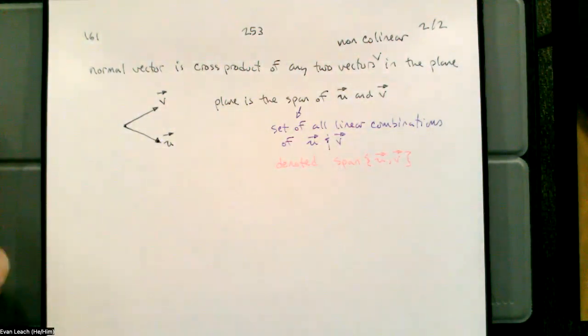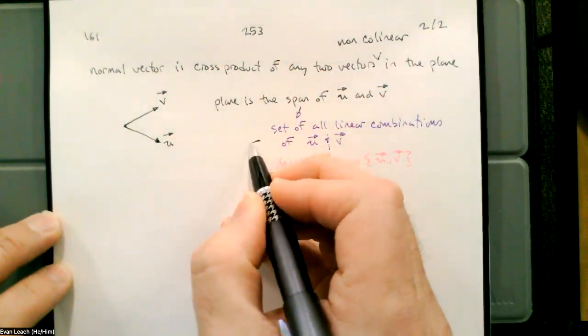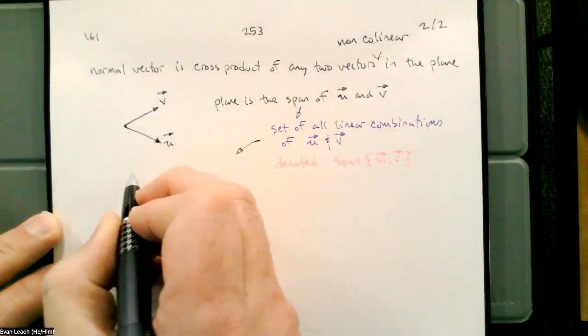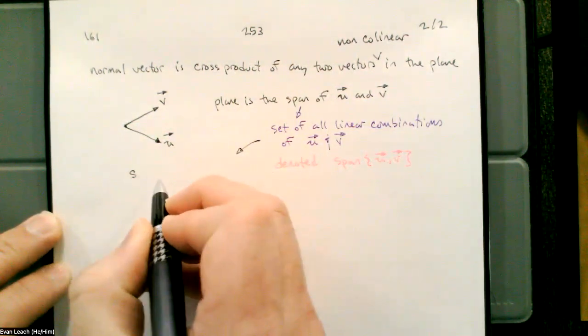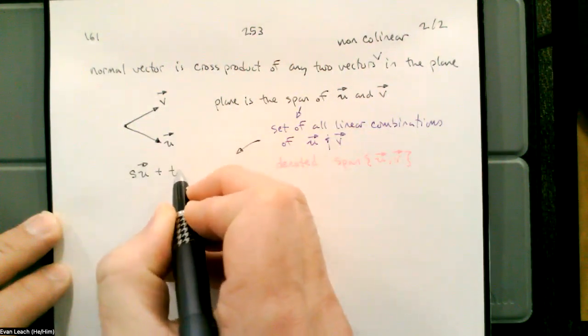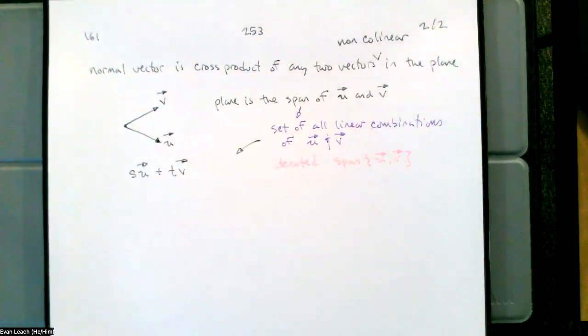So the linear combinations of u and v is a set of everything that looks like, say, some scalar times u plus some other scalar times v. There are the two parameters that we need to describe the plane.